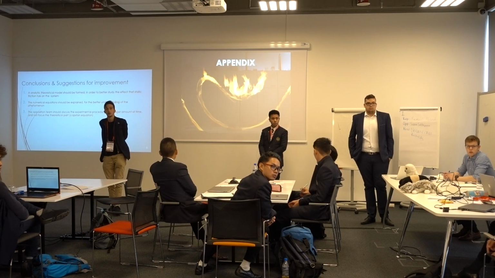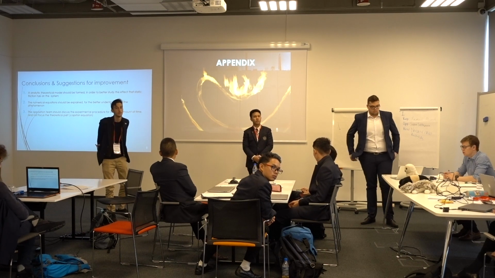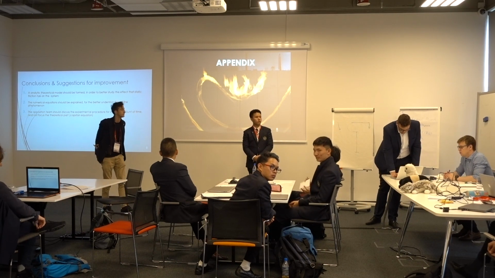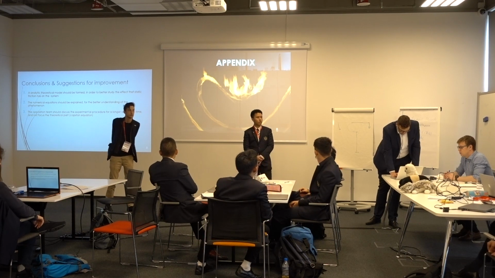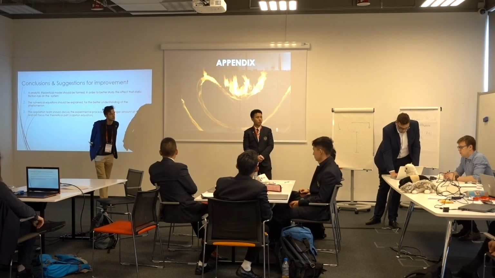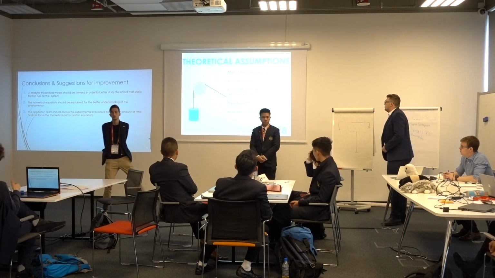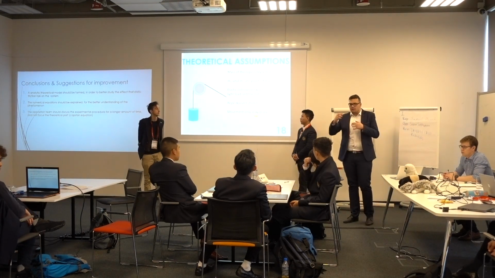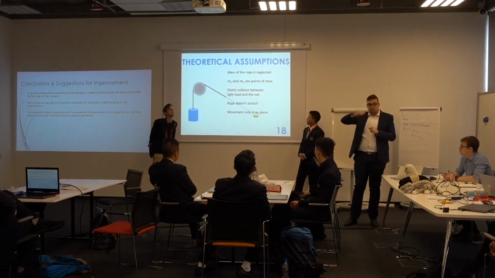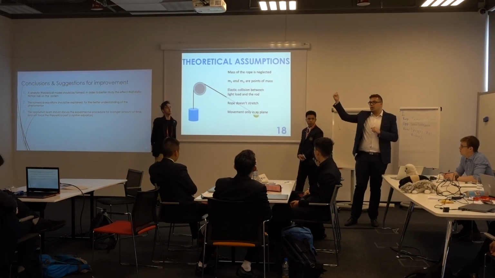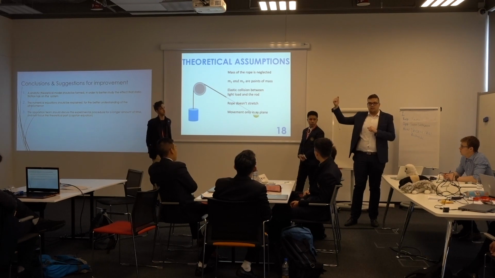The reporter, you talked about in slide 12 about it being an elastic collision. Oh, sorry, slide 18. Could you tell me what you meant by that? When the light load hits the rod, it's deflected.